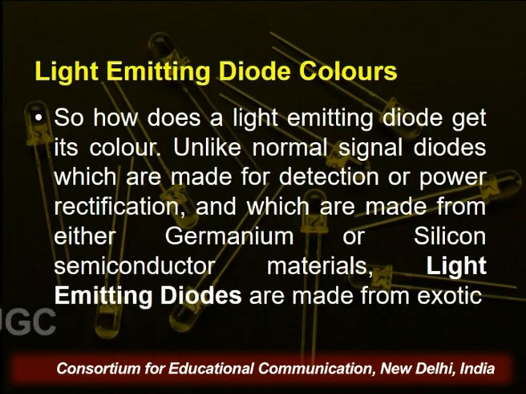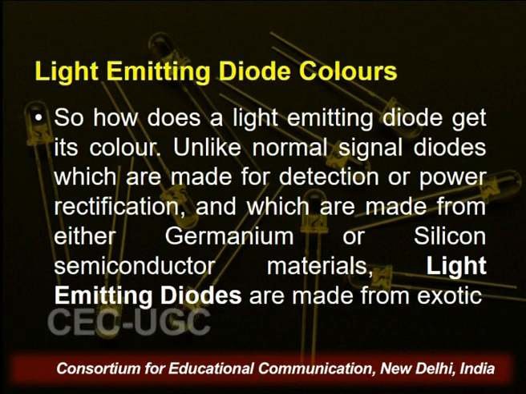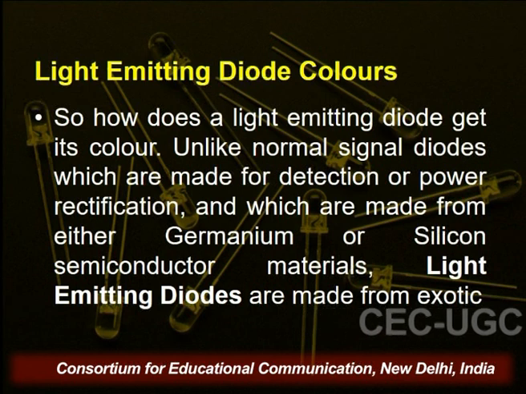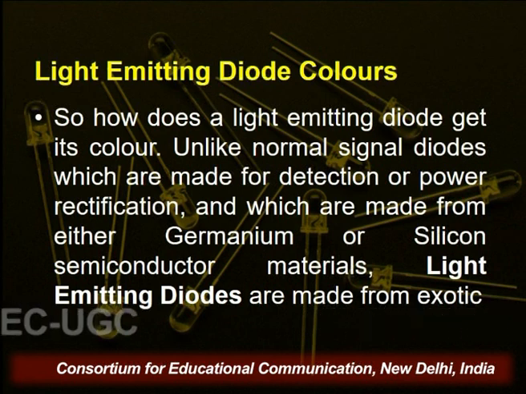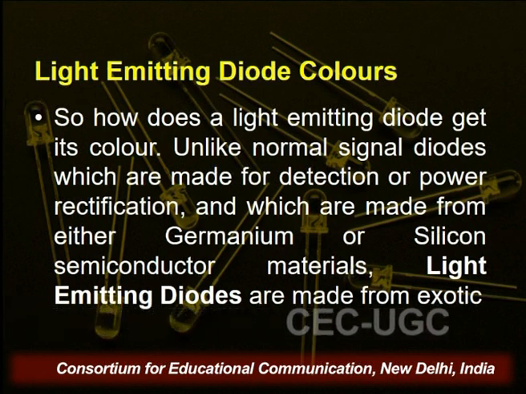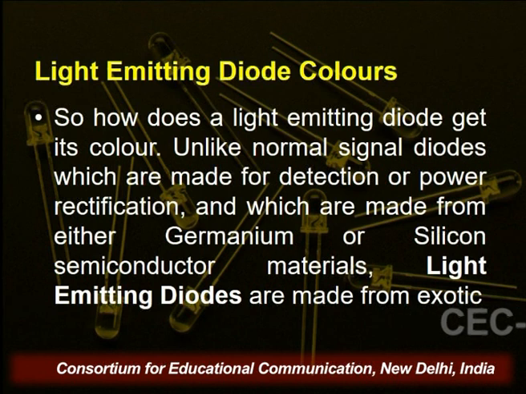The light emitting diode gets its color differently from normal signal diodes, which are made for detection and power rectification, and which are made from either germanium or silicon semiconductor.